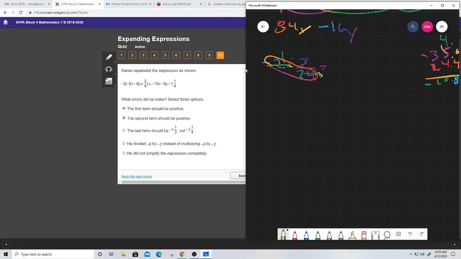So we end up with a negative 3 over 2. And then they want mixed numbers, so this is negative 1 and 1/2. And remember, just to get this, we have to divide like I showed you earlier. So yeah, it should have been negative 1/2, not negative 1 1/4.